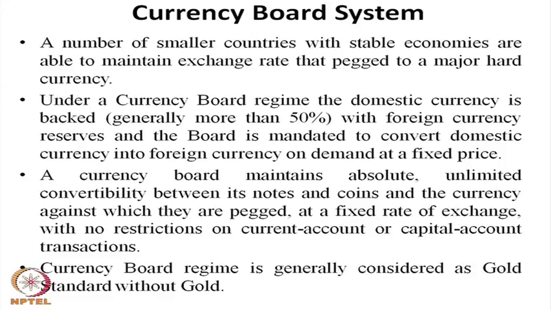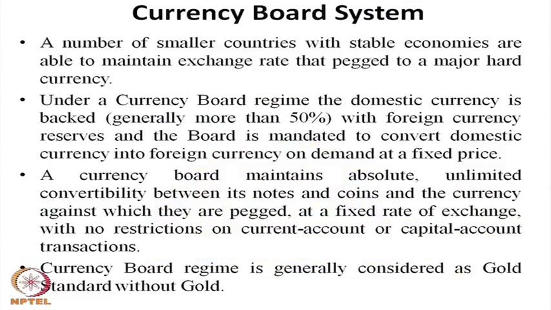There is no restriction on current account or capital account movement. That means exports and imports are free, and whenever importers want foreign currency they will get it at the fixed rate. Whenever exporters earn foreign currency they convert it into domestic currency at the fixed rate. There is no control on the movement of capital accounts, that is foreign direct investment, foreign institutional investment or any kind of purchase of foreign currency assets. There is no restriction in the case of currency boards.